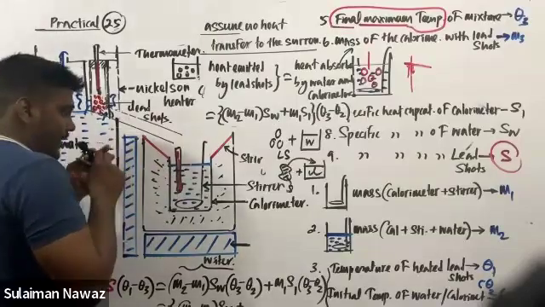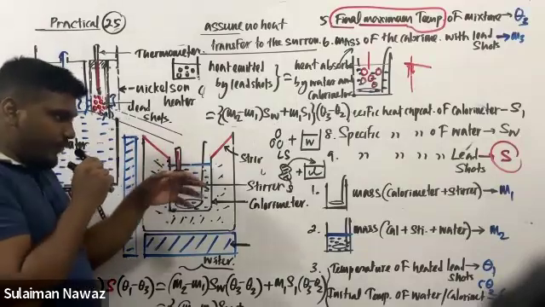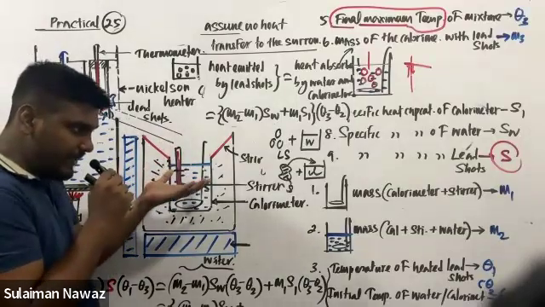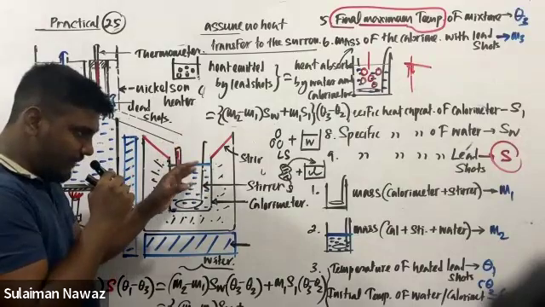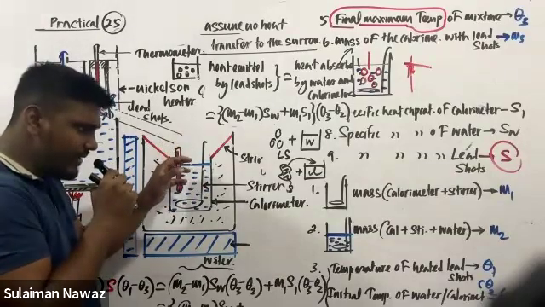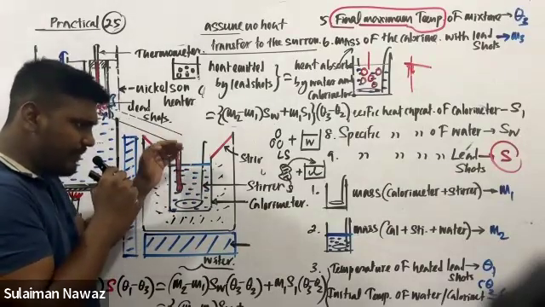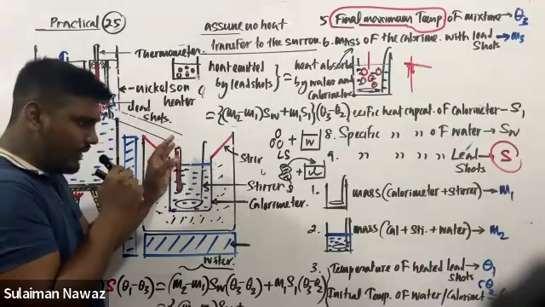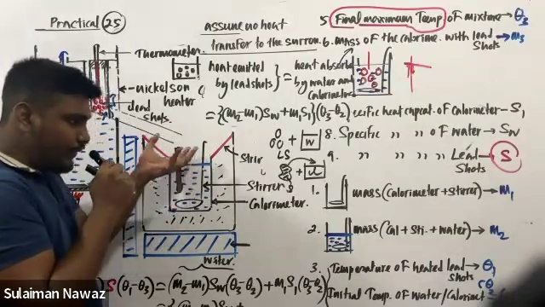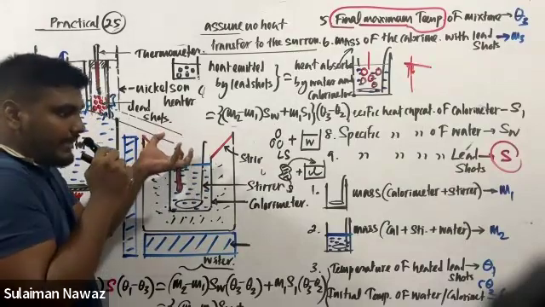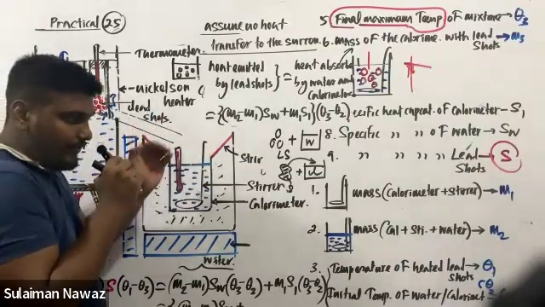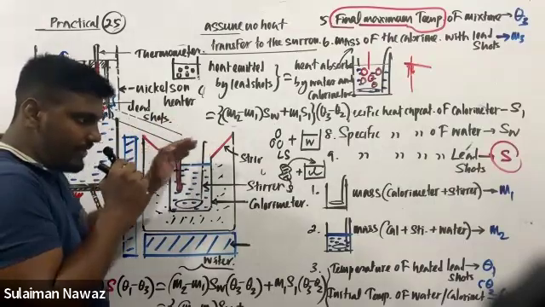Next, no matter what temperature this water is at, due to the temperature some amount of water will evaporate, right? If that water evaporates, along with the water vapor, heat is passing to the environment. To prevent that, we use a lid.